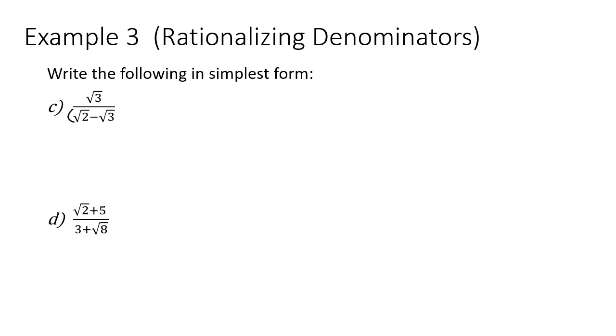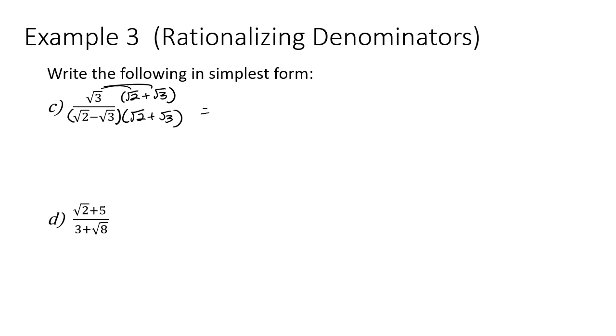So for part C, it's always the denominator that you're trying to rationalize. So it's its conjugate that you multiply by. So to cancel out square root of 2 minus square root of 3, I need to multiply by square root of 2 plus square root of 3. And whatever I multiply the bottom of the fraction by, multiply the top by the same thing.